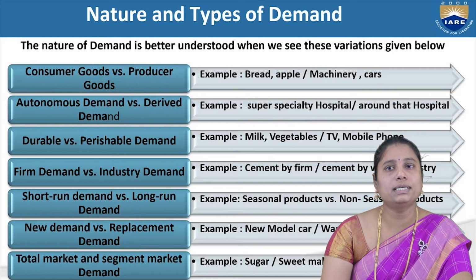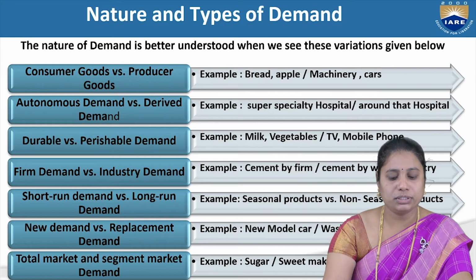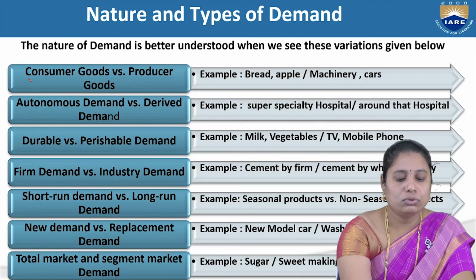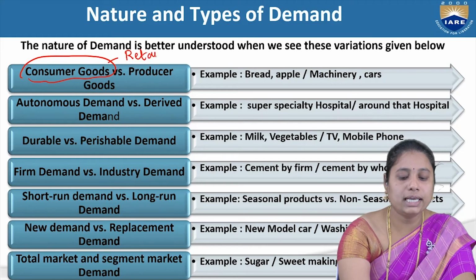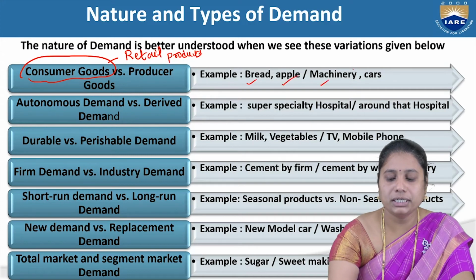Based on these requirements, products are categorized into consumer goods as well as producer goods. Consumer goods means the goods which are required by the individual, also called retail products. For example, bread, apple, machinery, cars.